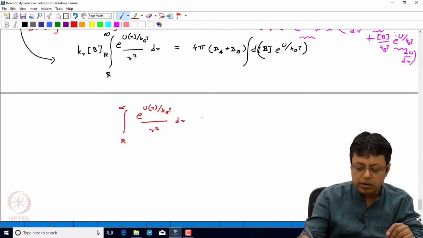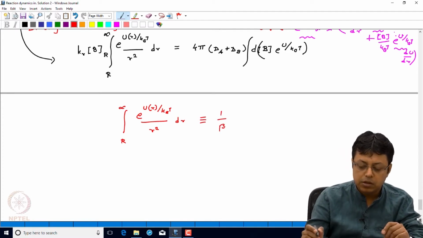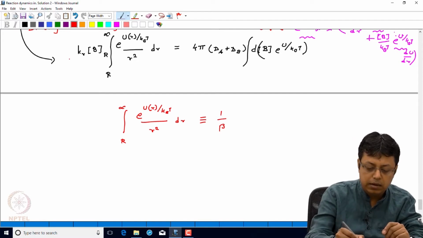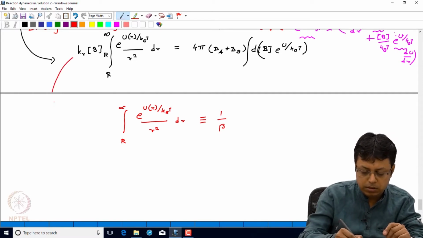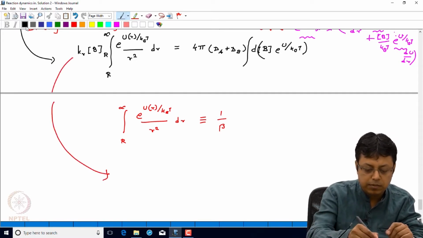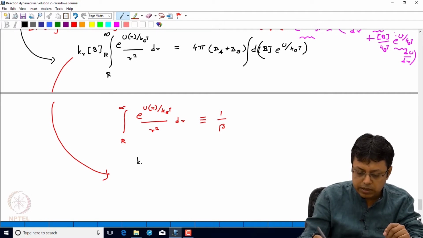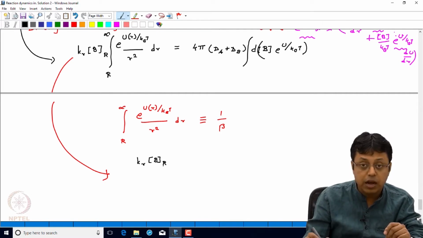So that's why we cannot evaluate it, and I'm just writing it as 1 over beta. So this equation becomes, let me rewrite it: k(r) b at position R divided by beta.